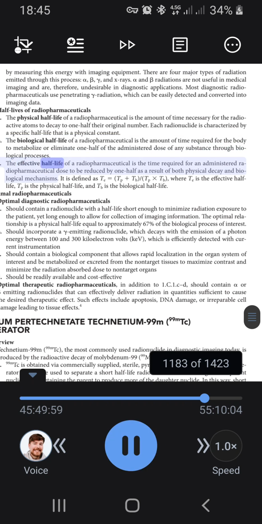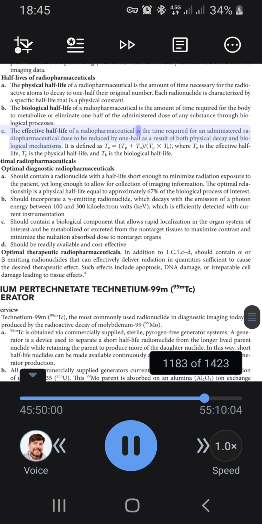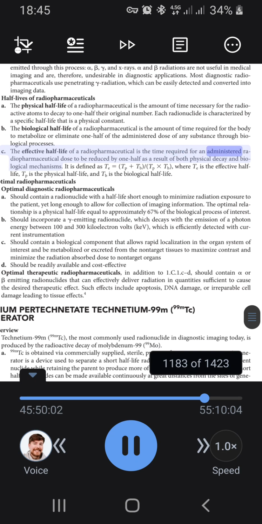C. The effective half-life of a radiopharmaceutical is the time required for an administered radiopharmaceutical dose to be reduced by 1/2 as a result of both physical decay and biological mechanisms. It is defined as Te = (Tp × Tb)/(Tp + Tb), where Te is the effective half-life, Tp is the physical half-life, and Tb is the biological half-life.